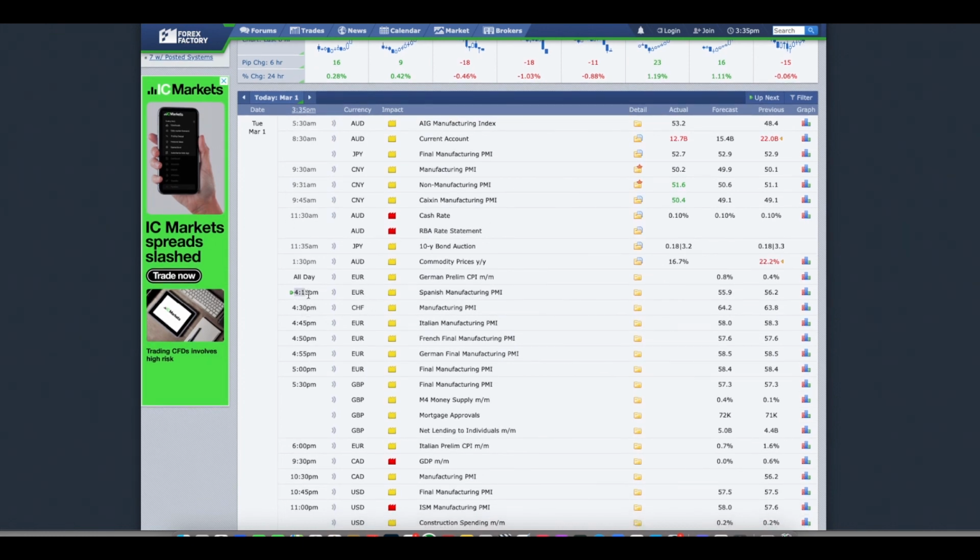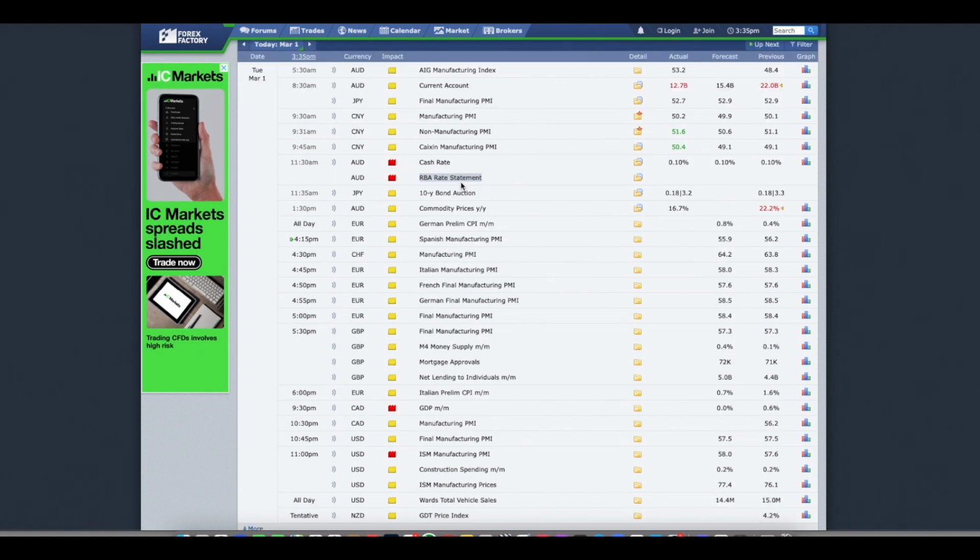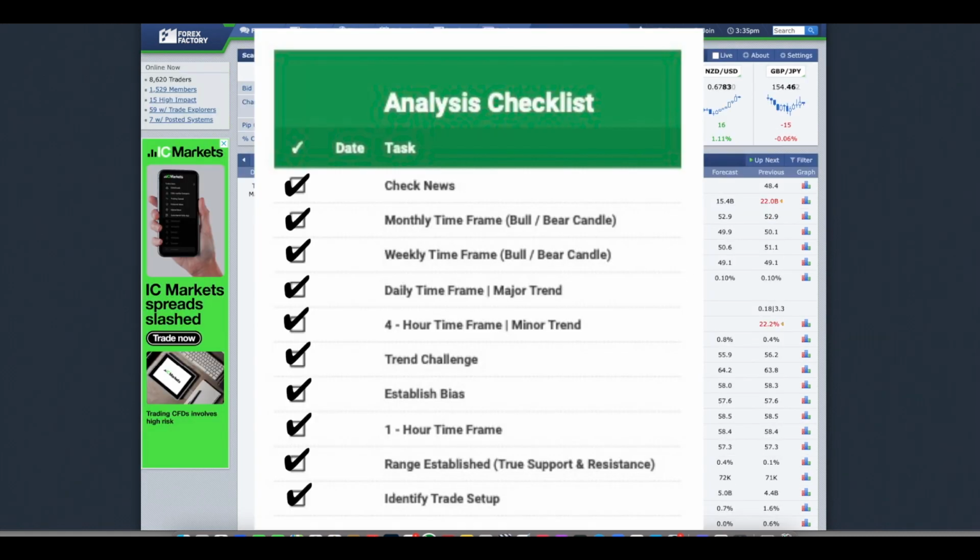Currently we're at 4:15 for the next event, which is going to be Spanish manufacturing PMI, but there's no news that is major for our pair. If we were trading Australian dollar, this would be concerning because that's high impact news, because we know the red legend means high impact. You identify news before any analysis on the charts.